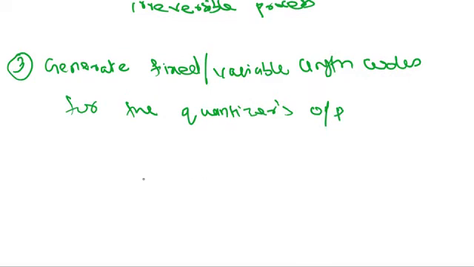Okay, we have already seen an example, and I will just give an idea about that process. Suppose that you have an image which has only four different intensities.